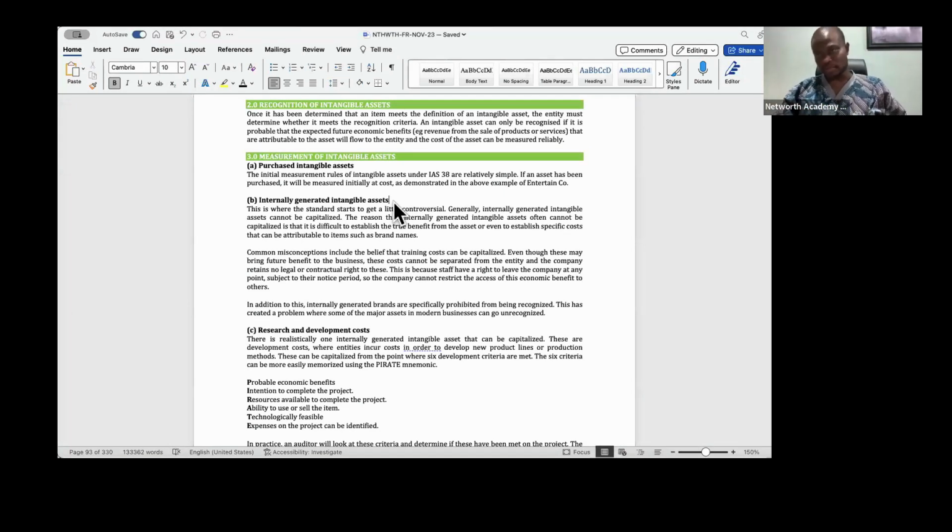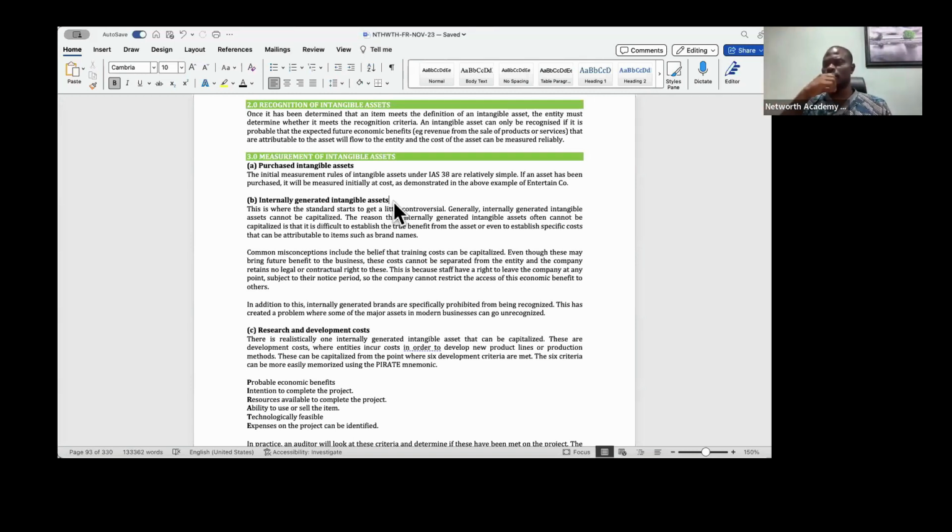For example, you have a goodwill that you have developed over time. How do we determine how much we want to put in our books? How much did we buy it for? It's not something we bought, it's something we have developed over time, so we cannot say this is the price.